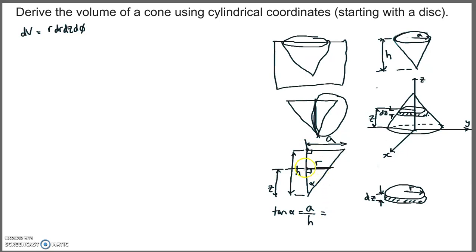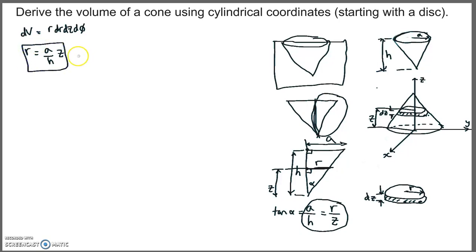Now, if you look at the small triangle here, tan of this angle equals the opposite side, which is the radius of our disk element, divided by the adjacent, which is actually the height of that disk element, z. So using these two, we have our relation between r and z. Let's write that here: r equals a divided by h, multiplied by z.